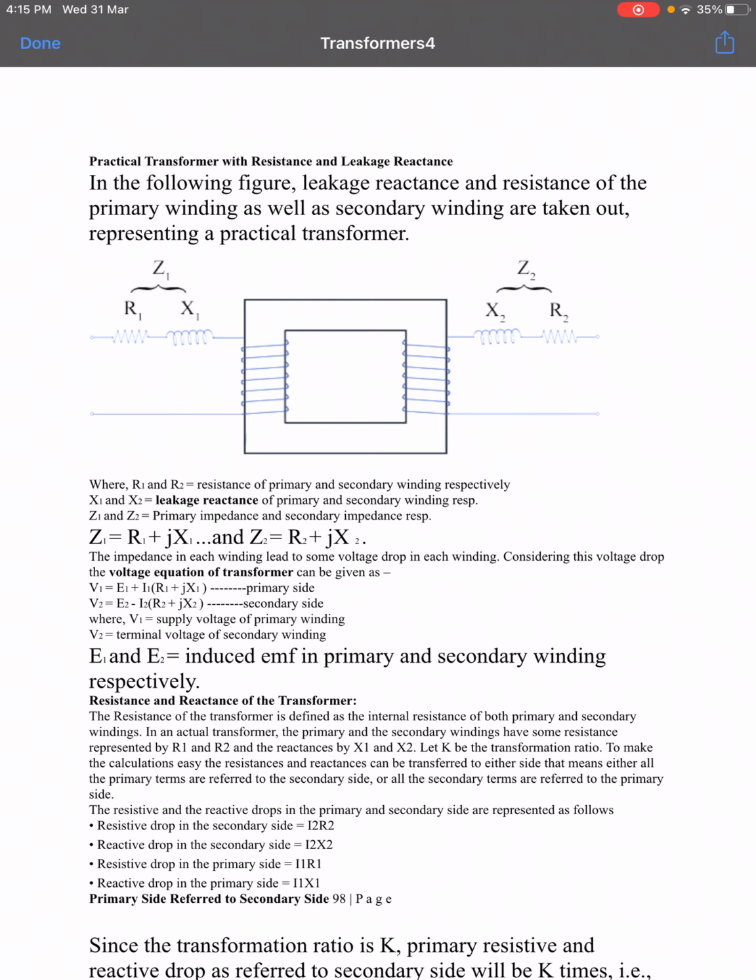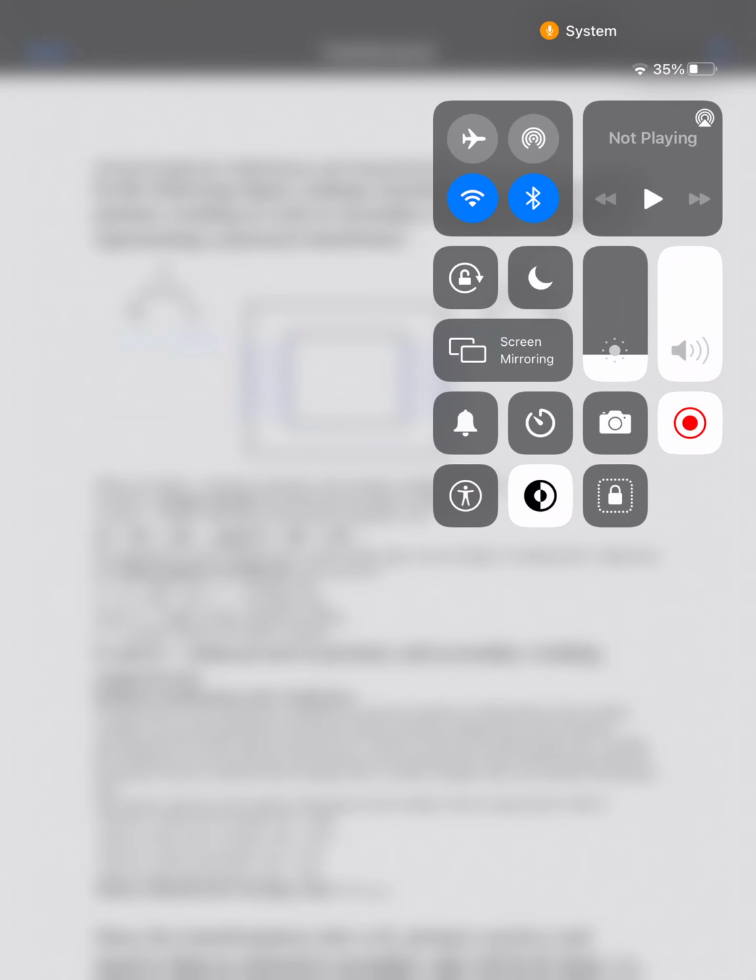Z2 equals R2 plus jX2: R2 is the secondary winding resistance, X2 is the secondary leakage reactance, Z2 is the secondary impedance. This is about the practical transformer with leakage reactance and resistance.